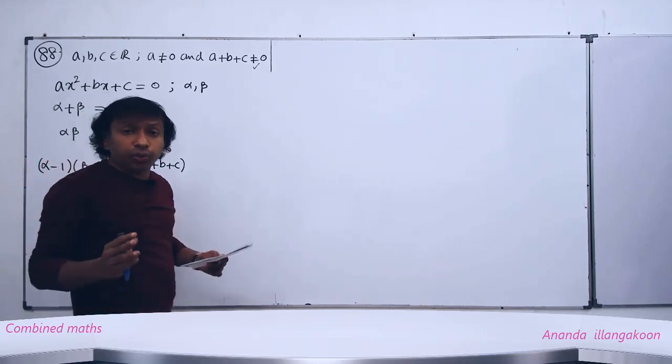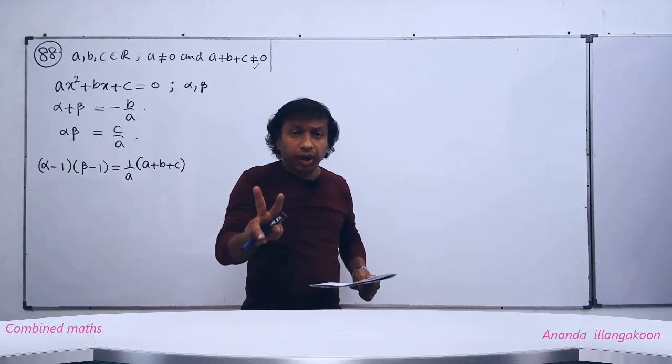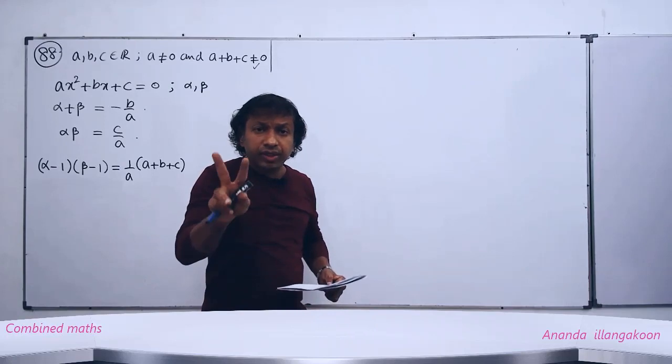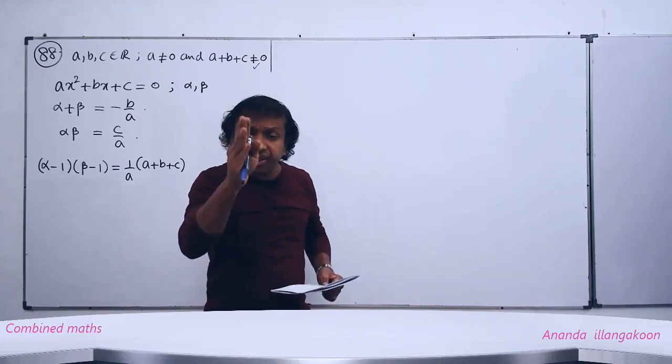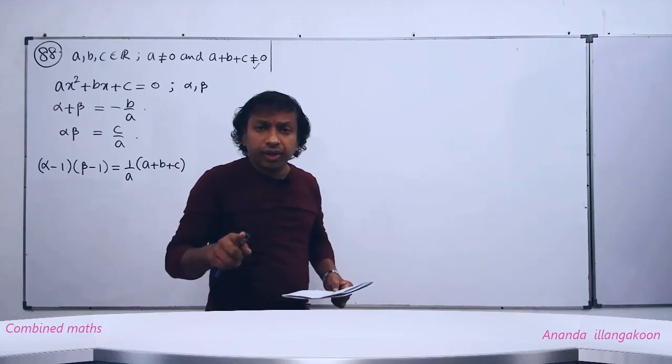When you are given two roots, and we need to find the quadratic equation with those two roots, how do we write the equation?